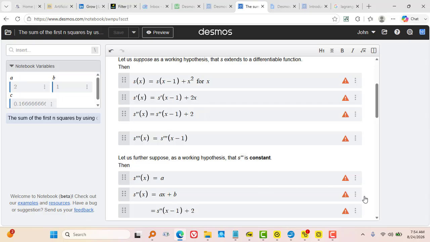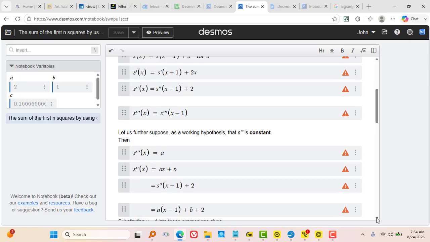That's this equation right here. Okay, well, we're going to plug in x minus 1 here, we're going to plug in x minus 1 here, and so we get this. Does that make sense? That's just substituting x minus 1 into this linear function.